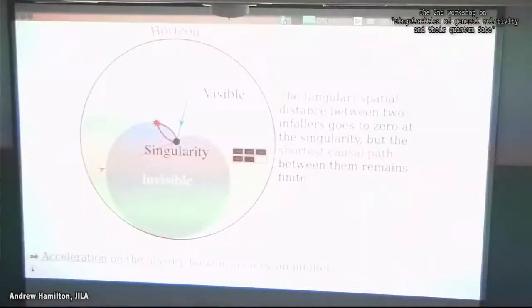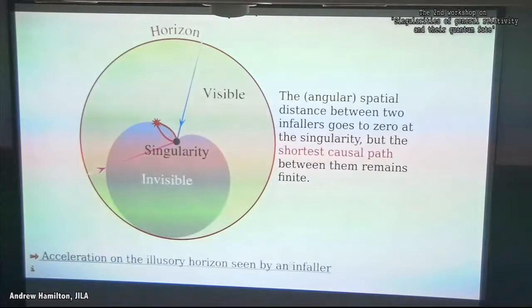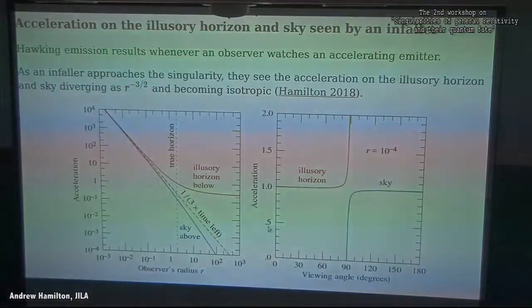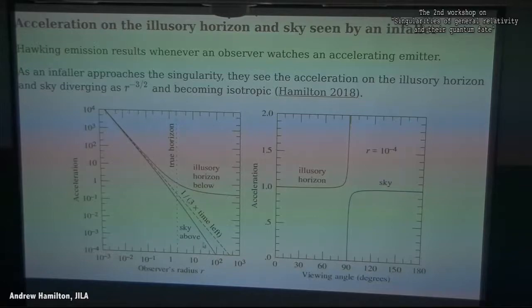Let me show you that right here. So one can calculate, this is the acceleration seen on the illusory horizon below. It goes over to the classical value of 1/4, far from the black hole. And as you fall through the event horizon, it remains finite, but then it diverges as you approach the singularity.